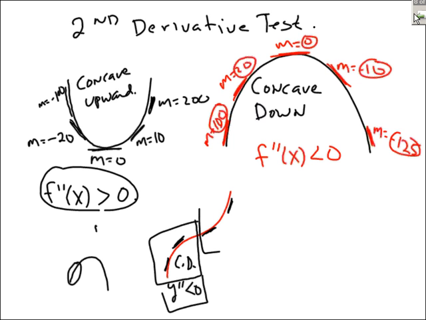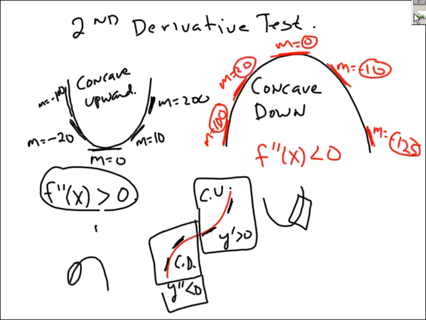On this portion, the graph is concave up. Why? Because it's part of this looking graph. It looks like that portion. That means the second derivative is positive there. But over the whole interval, over the whole graph, the first derivative is positive because all the slopes are positive.